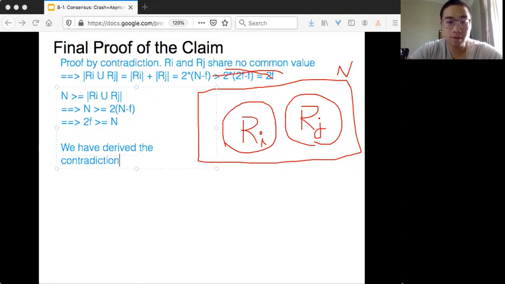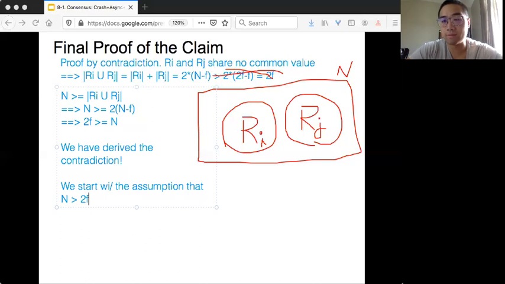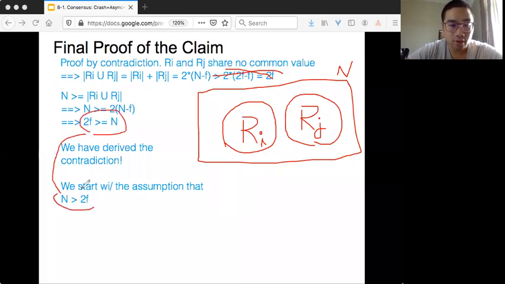If you remember, we started with the assumption that n is strictly greater than 2f. But now we have that n is actually upper bounded by 2f, so these two contradict each other, and we successfully complete the proof by showing the contradiction.